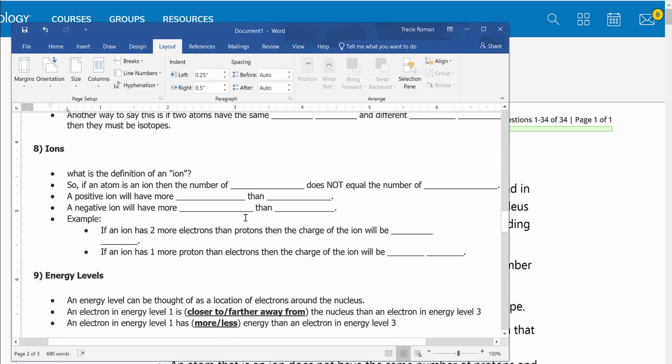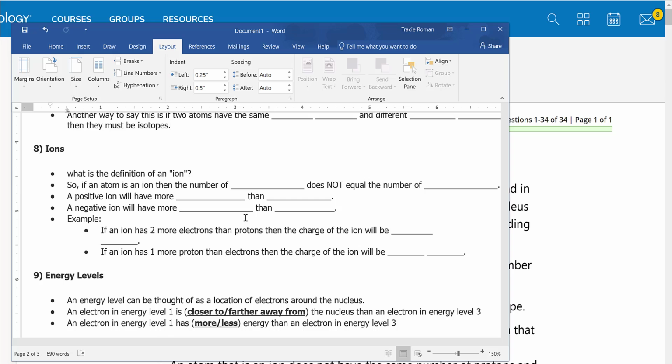Ions are atoms that don't have the same number of protons and electrons in that one atom. So they have a charge. They don't have the canceling out of all of the charges, which would occur if you have the same number of protons and electrons in one atom. So if an atom is an ion, then the number of protons does not equal the number of electrons.